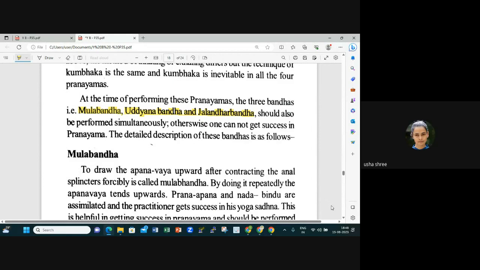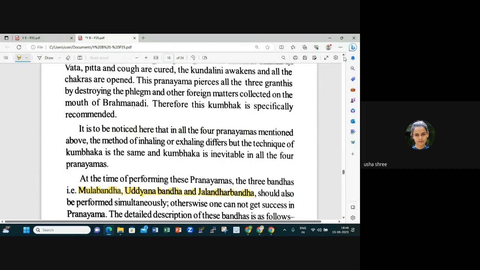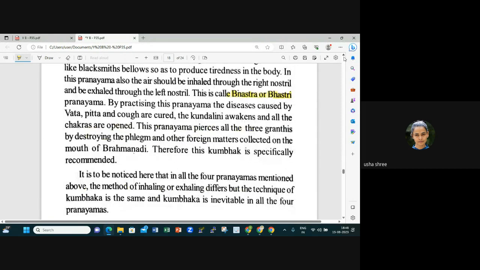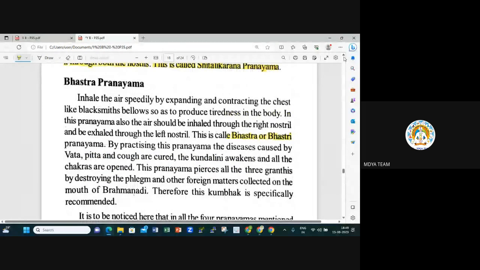If you look at the Bhastrika pranayama or Bhastra pranayama, there is no mention about Kumbhaka. Yes. And also in Shitali pranayama, there is no Kumbhaka mentioned.